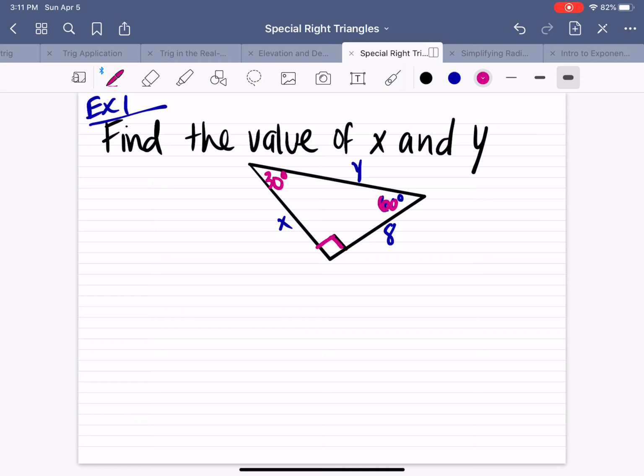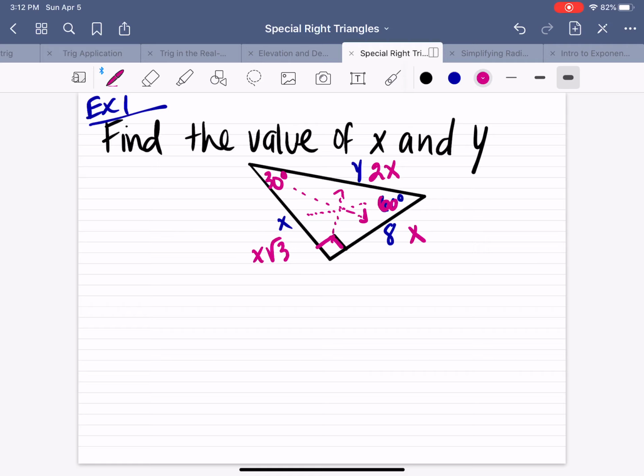Now that you know you have a 30, 60, 90 degree triangle, let's label the sides. Again, the side across from the 30-degree angle should be labeled X. The side across the 60-degree angle should be labeled X root 3. And the side across the 90-degree angle should be labeled 2X.